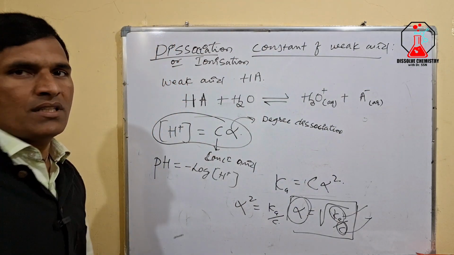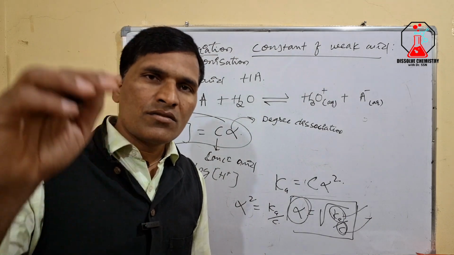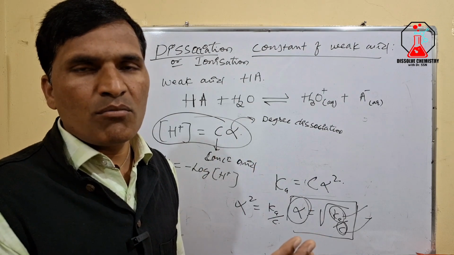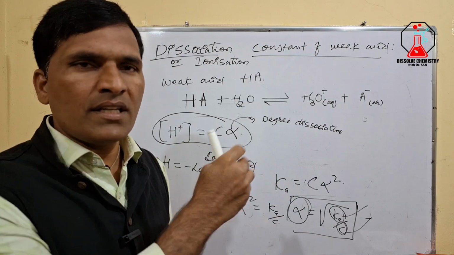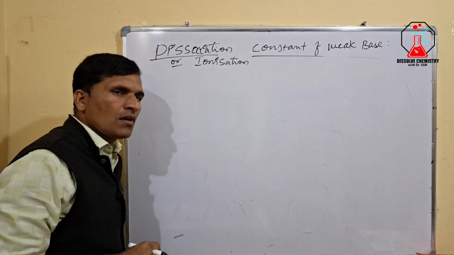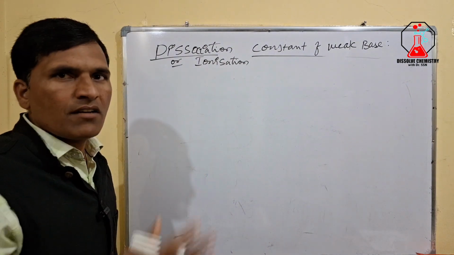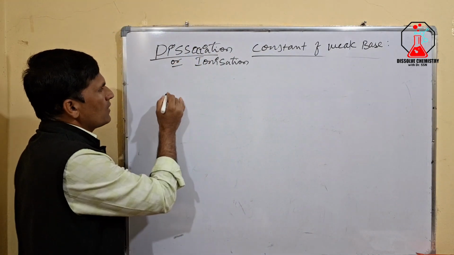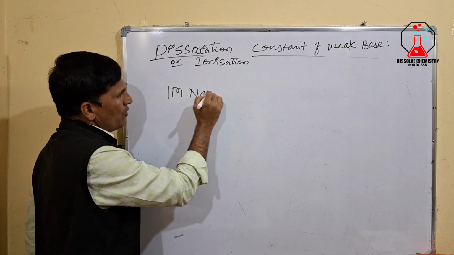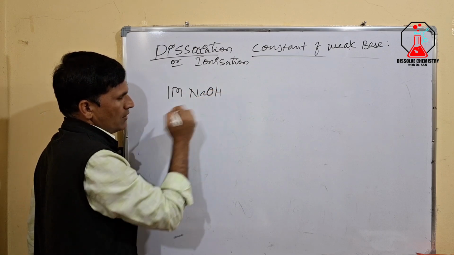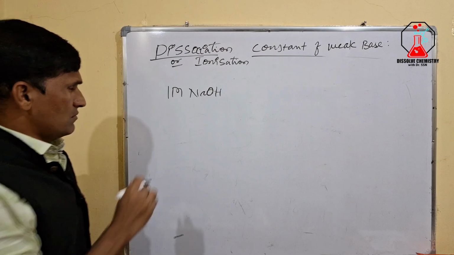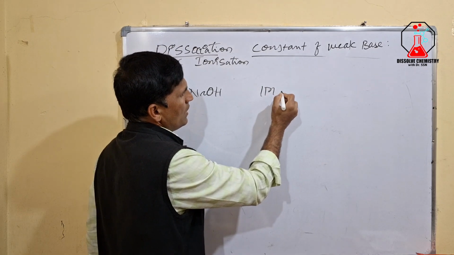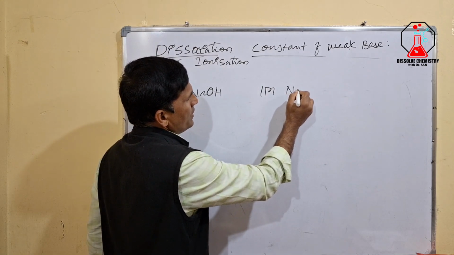Now let us look into the dissociation constant of a weak base. Students, please remember, both are one and the same, the formulas are the same, with a small variation, which we will see. As we have seen for strong acid and weak acid, similarly, compare 1 molar NaOH and 1 molar ammonia.